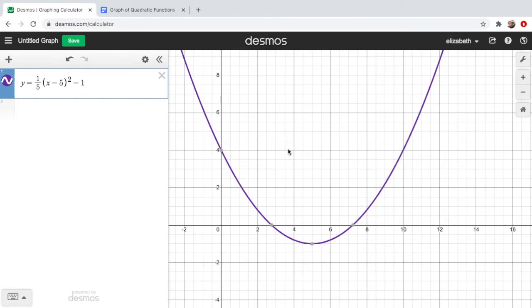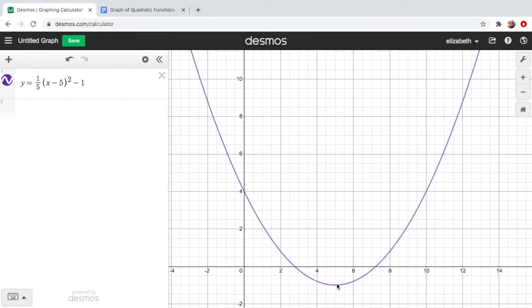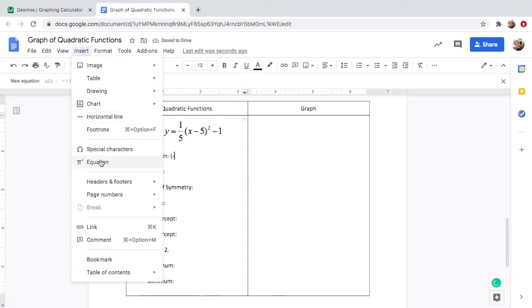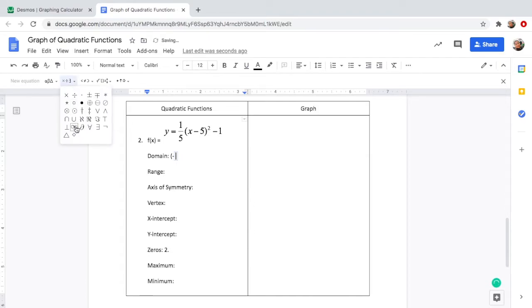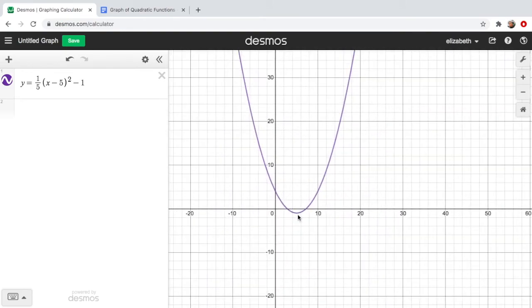So I want you to look at the domain and it is continuous on both ends. So therefore our domain is negative infinity to positive infinity. How about the range? Alright, so let's click it.